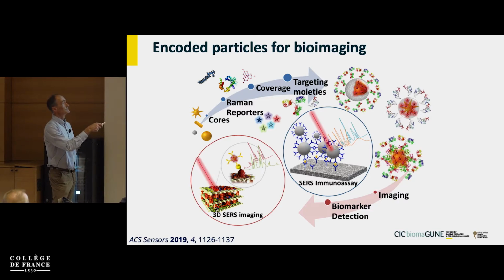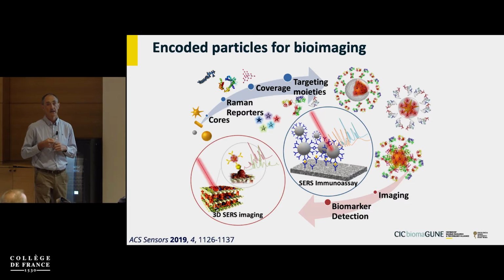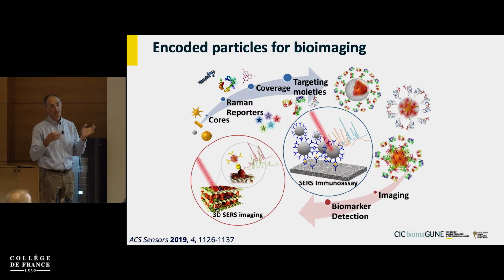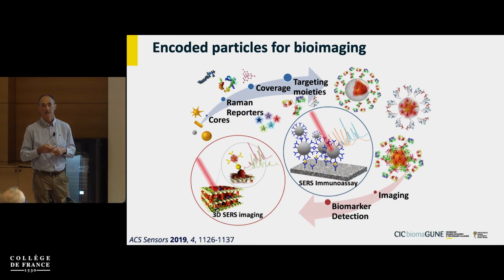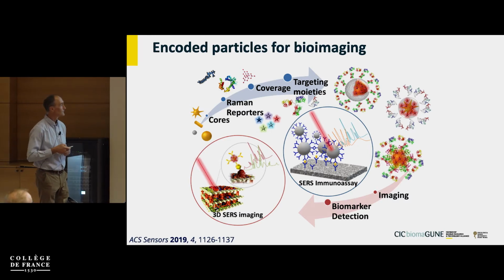And then if your shell allows, you can also functionalize it additionally with, for example, antibodies or other biorecognition molecules, so you can selectively bind these particles to a biological target, or you can embed them in a banknote and create anticounterfeiting additionally.